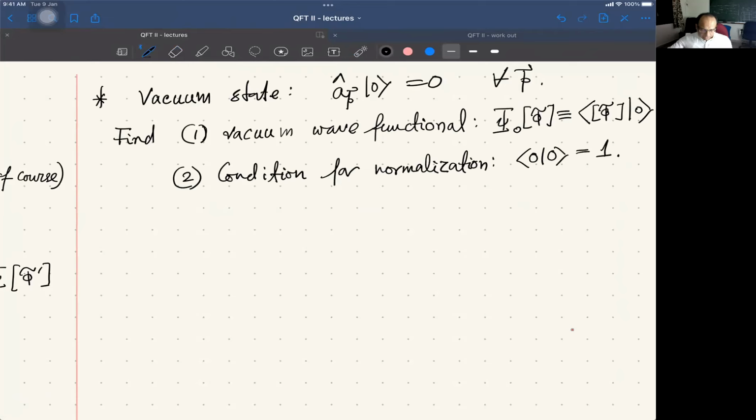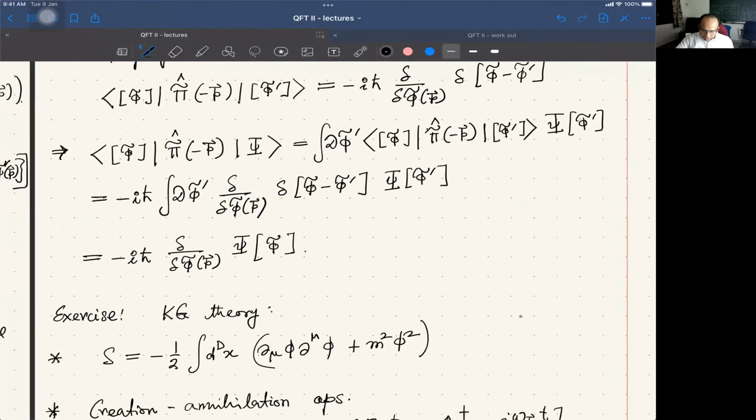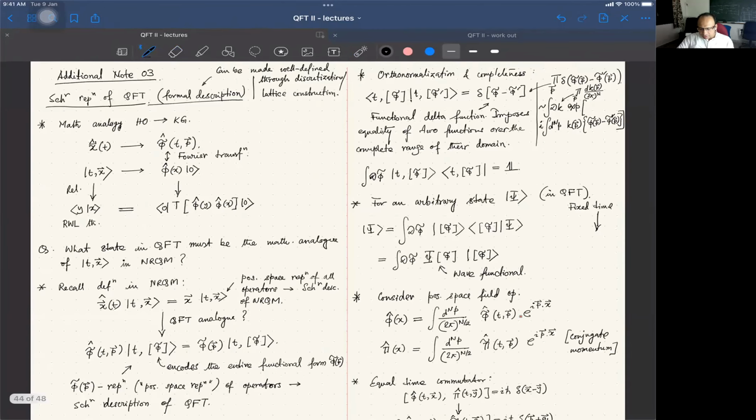Okay. Yes. So that finishes this discussion of the Schrodinger representation of quantum field theory, and the mathematical analogy that has been used to find this. You should think about it, especially this one, and try to convince yourself that all of it makes sense just by following the usual non-relativistic quantum mechanics description in the Schrodinger theory.